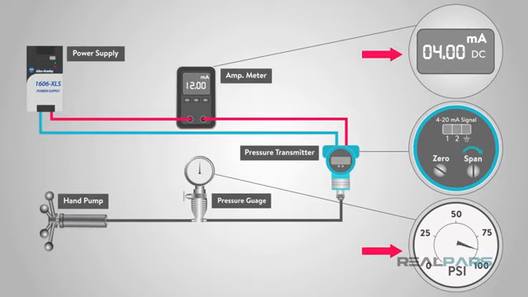And the span adjustment is made to move the output to exactly 20 milliamps when a 100% process measurement is applied. Unfortunately, with analog transmitters, the 0 and span adjustments are interactive. That is, adjusting one moves the other. Therefore, the calibration is an iterative process to set 0 and span, but only 2 to 3 iterations are usually required.